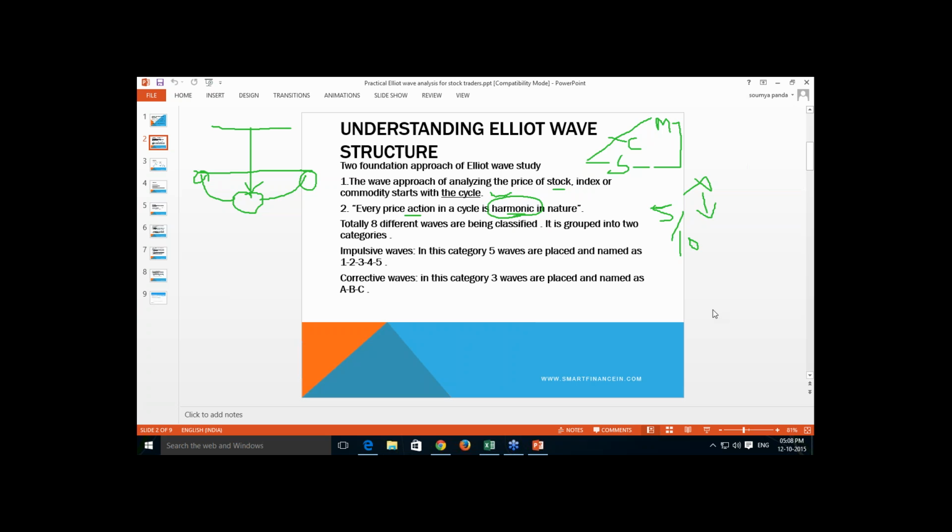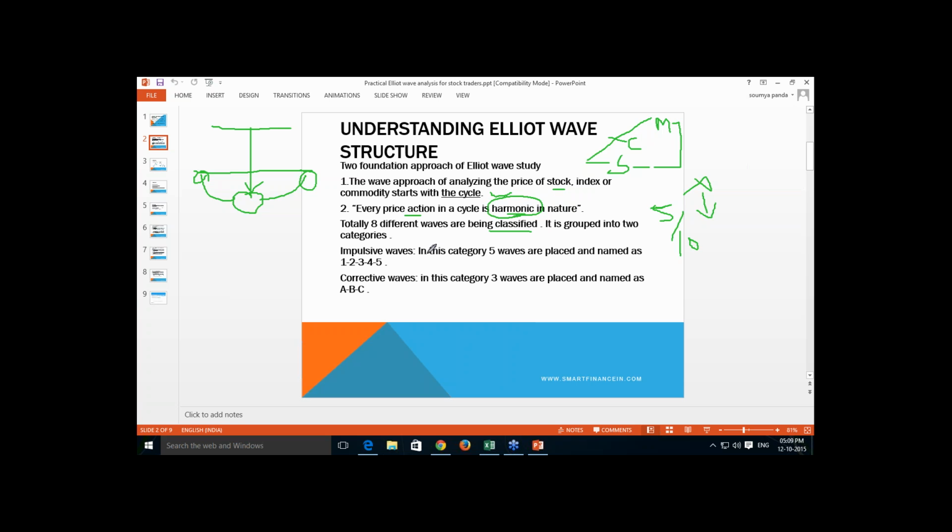It also has a very broad classification. I have just given you the definition of this harmonic nature. This broad classification of the cyclic and harmonic nature of price action is well interpreted by Elliott. He said that every impulse, this harmonic nature of price movement, can be categorically divided into two groups.